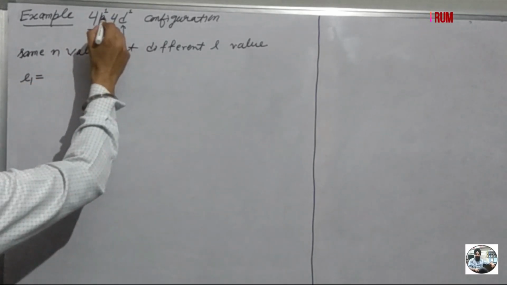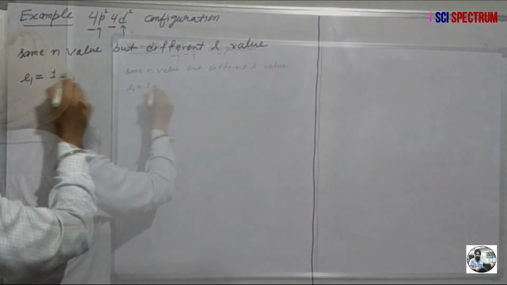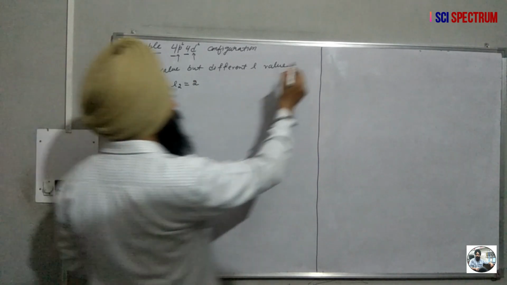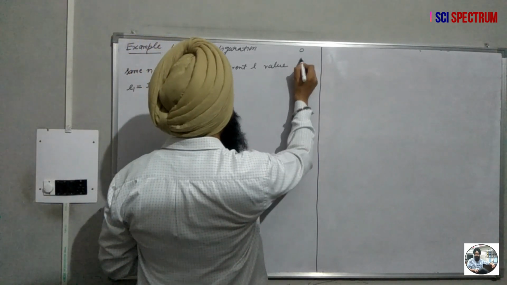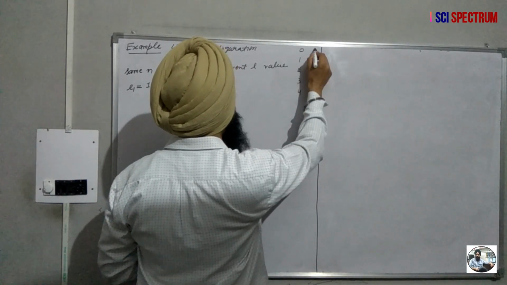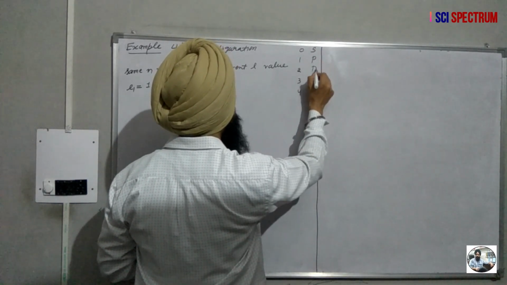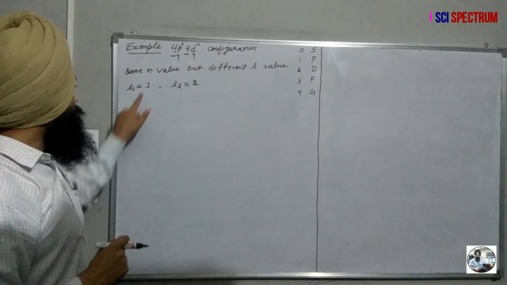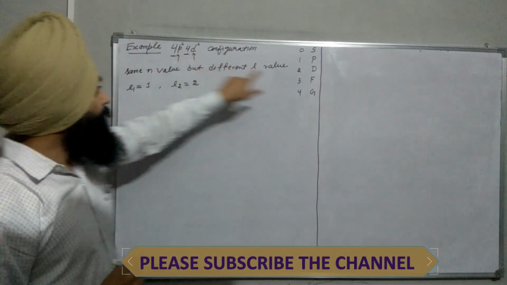For the p state we have l1 equal to 1, for the d state we have l2 equal to 2. I can write it here: 0, 1, 2, 3, 4 are S, P, D, F. For l1 equal to 1, we have the P state.